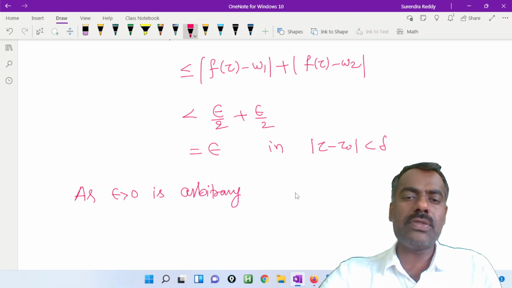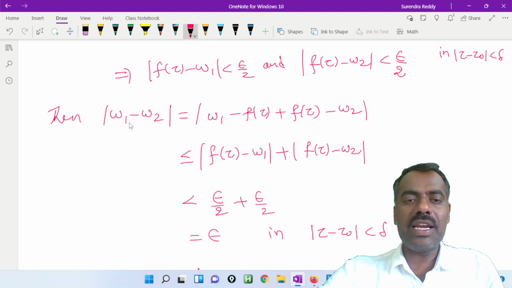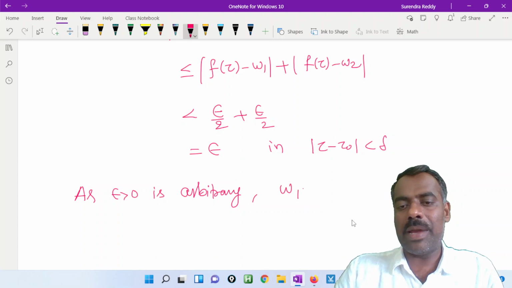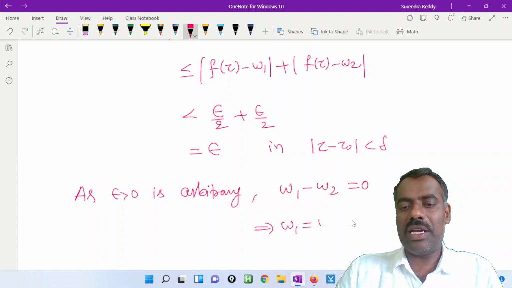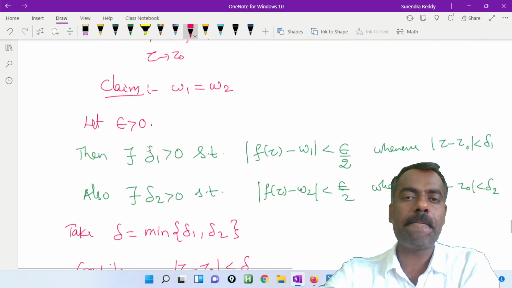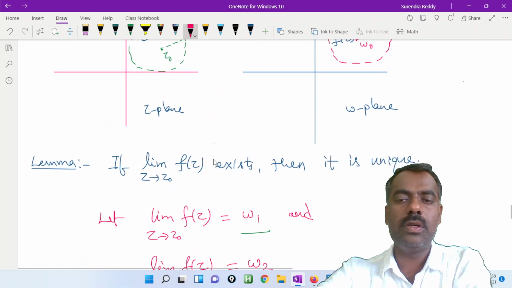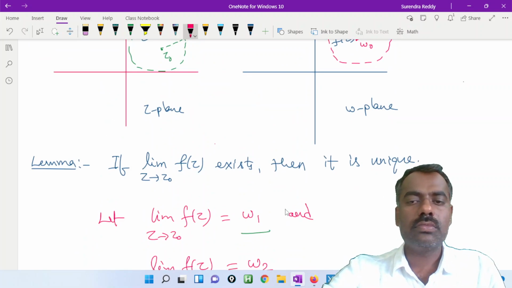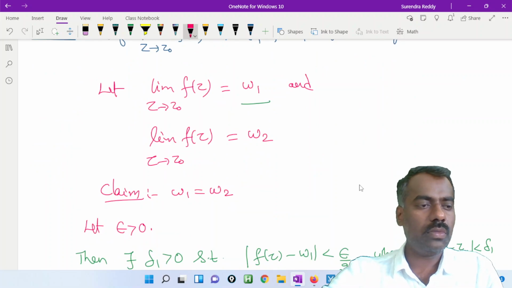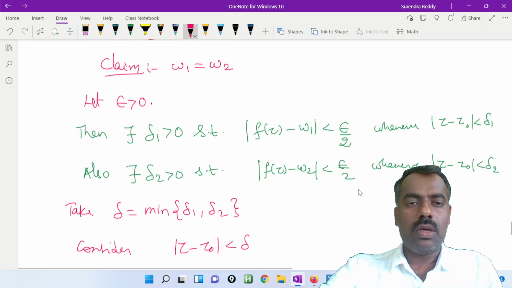So you take epsilon very small, then their difference is less than epsilon, which means w1 minus w2 should be a 0 number. So therefore you should get w1 is equal to w2. Is the proof clear? Any problem? Yes, sir.